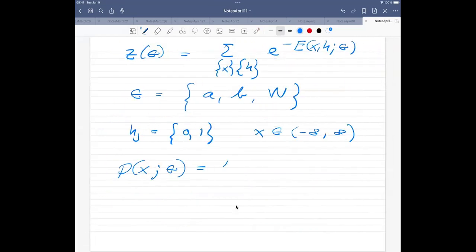So I will get 1 over z of theta, and then I'm going to have e to the minus a sum over i equal 1, and I'm going to put this variance equal to 1, so I have a_i squared divided by 2, because that is not affected by the sum over the h's, or the hidden layers.